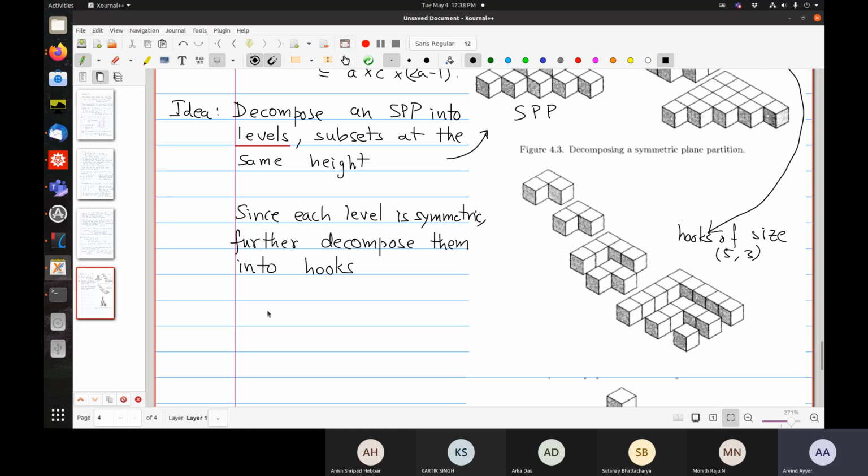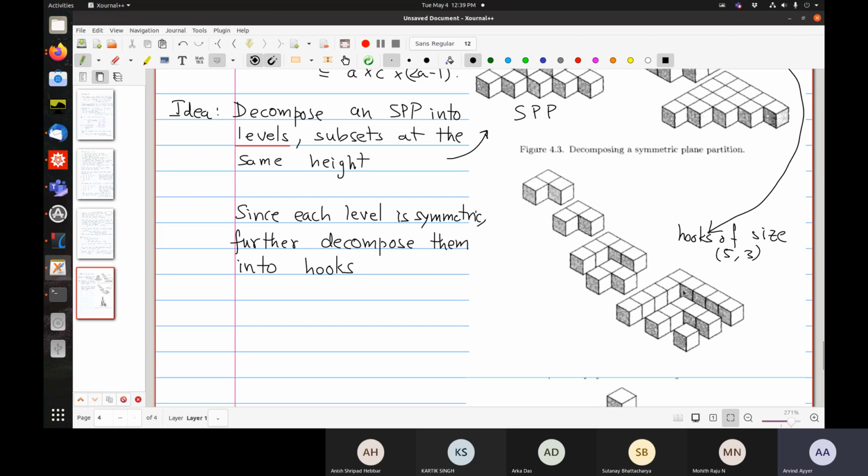Yes, this was finding the generating function of self-conjugate partitions inside an A by B box. So this idea was used there, and it's the same. So into hooks.